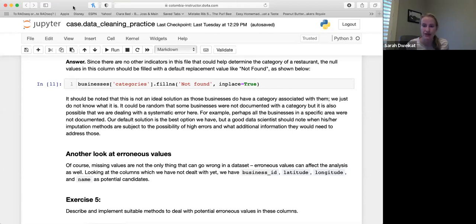But for latitude and longitude, just like knowing our range for stars or for funny, a rating between 1 and 5, where anything above a 5 is probably incorrect, with number values, if we know what the range should be, think about how we could figure out if there are any incorrect latitude and longitude.